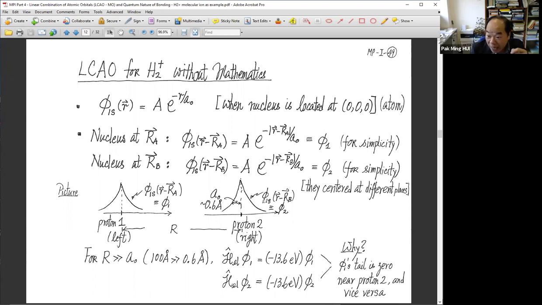Whether it is good or bad, we have to compare with experimental values. But by physical insight, we only have one electron, and we are looking for the ground state. Some of you may want to invoke the 2s of each atom. Fine. If you do that, you will be doing a linear combination of 1s, 2s of the left atom, 1s, 2s of the right atom.